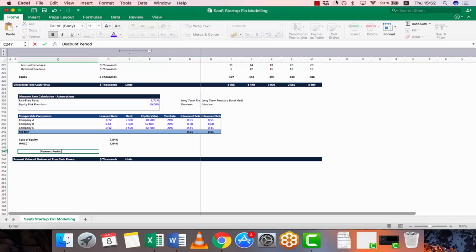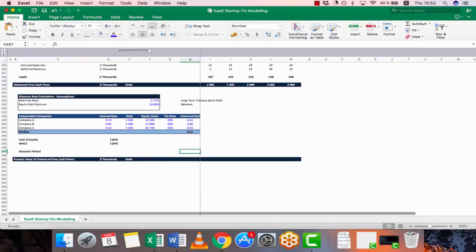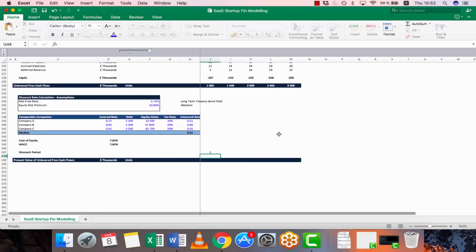So next, what we will have to do is make the discount periods before calculating the present value of our unlevered free cash flows. So it's simply 1, 2, 3, 4, 5. Super. So we're ready to calculate our present value of unlevered free cash flows. Let's do that.